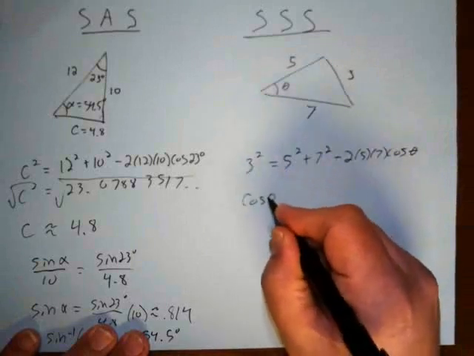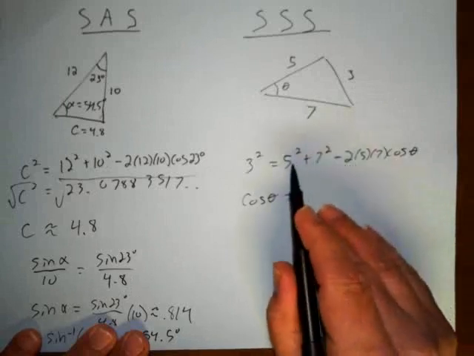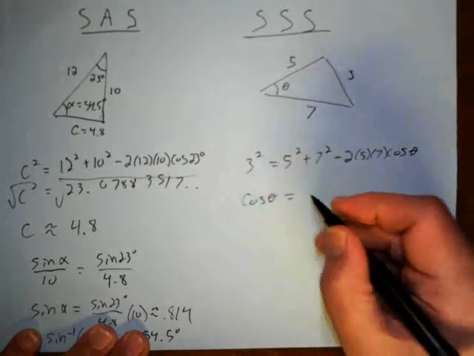To solve for cosine theta, what it basically amounts to is moving these two terms to the other side.